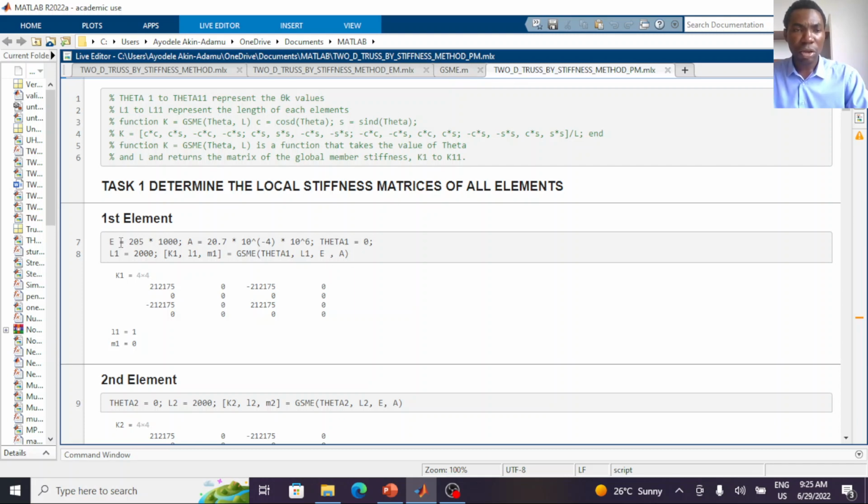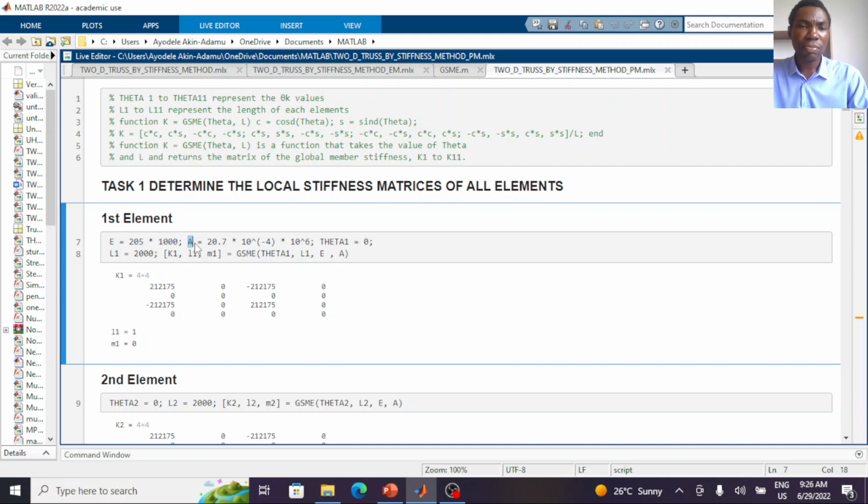So to use that function, you need to define your Young modulus. E here is denoting my Young modulus, 205 times 10 to the power 3 Newton per millimeter square. My unit for force is Newton, while my unit for length is millimeter. So that's the unit I'm using for my calculation. That's why this is 205 times 10 to the power 3 Newton per millimeter square.